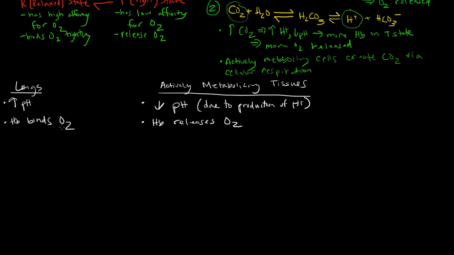Then we want that hemoglobin to take that oxygen to our cells, our actively metabolizing tissues, and we want that O2 to be released to our tissues. So in the lungs, where there's a high pH, hemoglobin releases the H pluses, whereas in the actively metabolizing tissues, hemoglobin binds those protons. Okay, hopefully that wraps things up and makes sense overall in terms of our physiology.